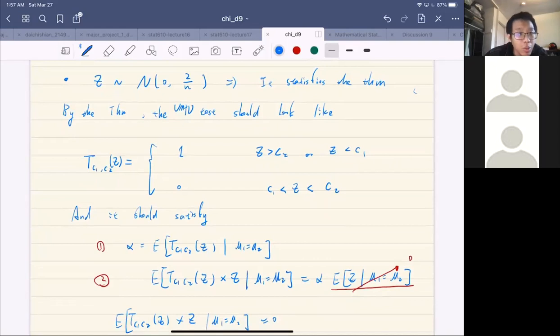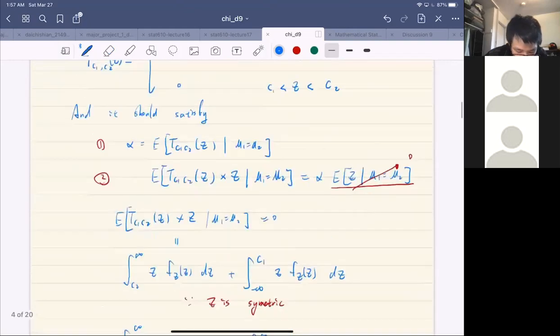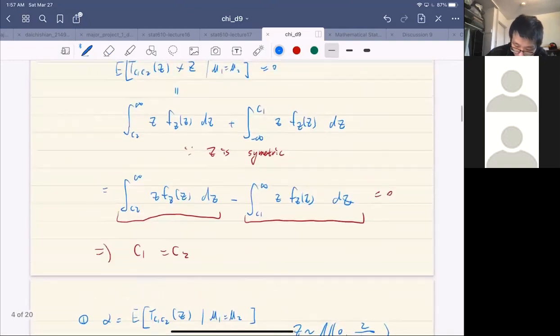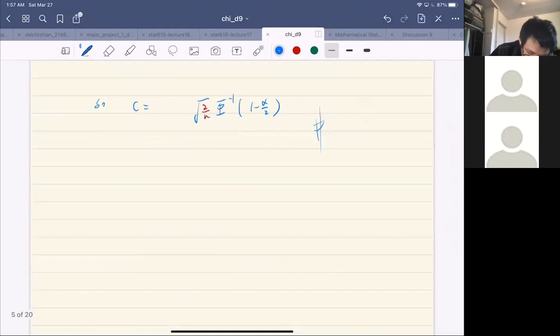So we don't reject always. The sample is z. So the final test depends on z, and we will reject if z is greater than this c, or z is smaller than this.